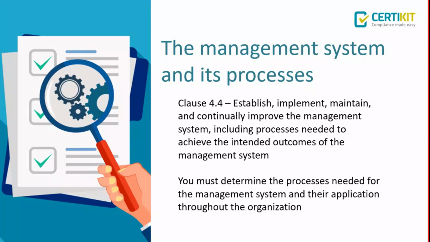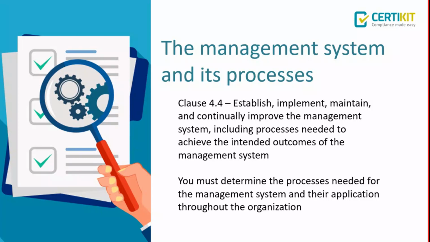You need to determine what processes are needed for the management system and their application throughout the organisation. These are the processes that can affect, if it's quality, the quality of your output, that could have an impact upon your environmental footprint as a company, could have a hazard or a problem if it's an occupational health and safety management system.